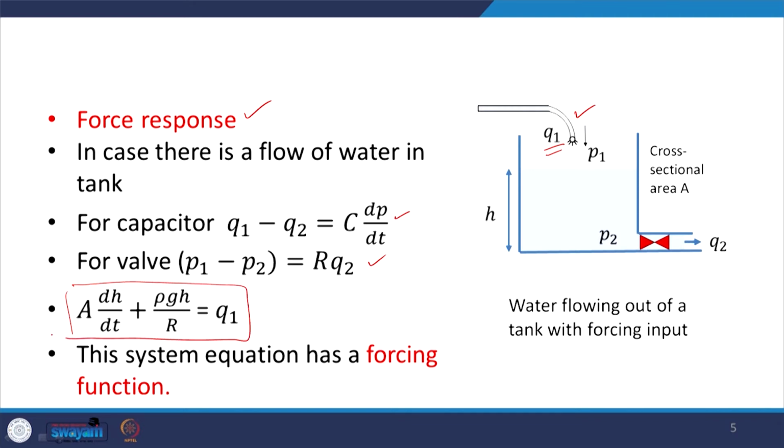And here again you can see that the equation depicts the variation of h with time, and on the right hand side we have Q1, which is nothing but the input to the tank. So, this system equation has got a forcing function.